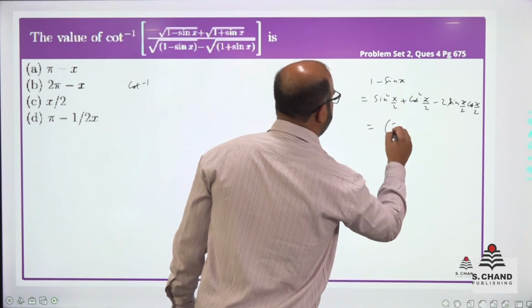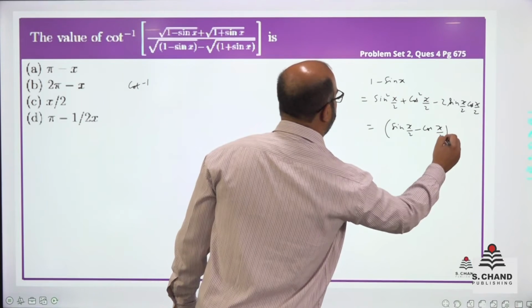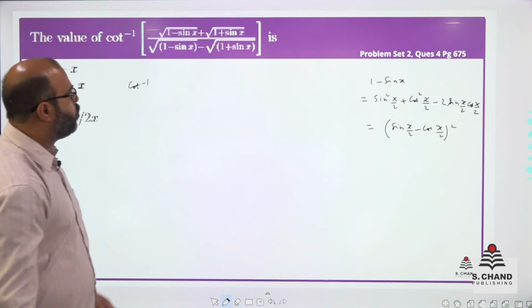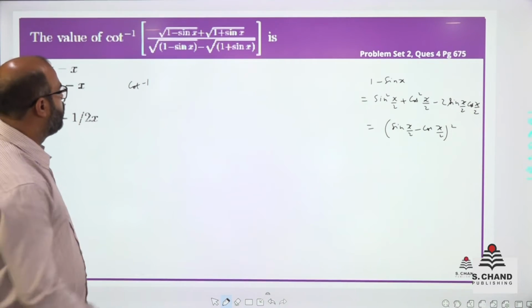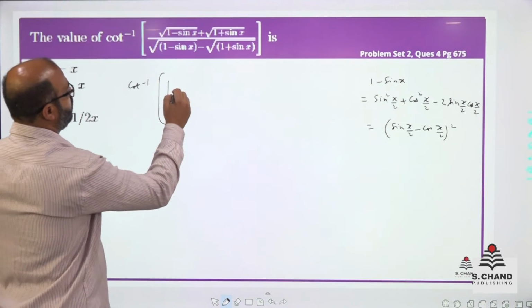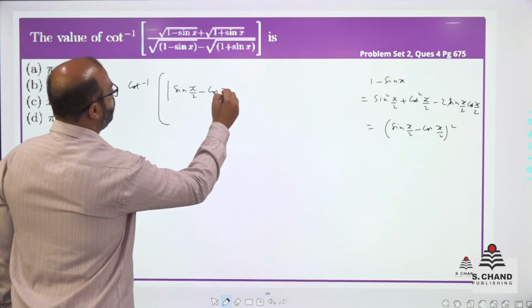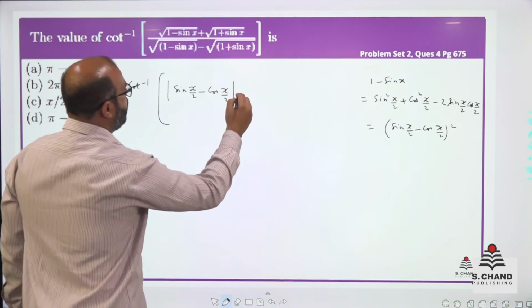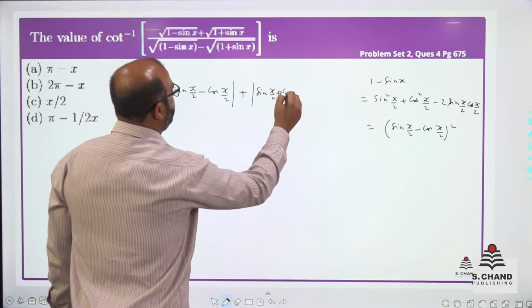So this is (sin x/2 minus cos x/2) whole square, and under root that becomes mod of sin x/2 minus cos x/2. And here it will become mod of sin x/2 plus cos x/2.